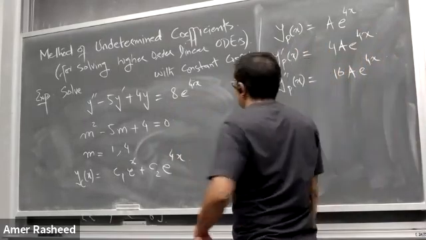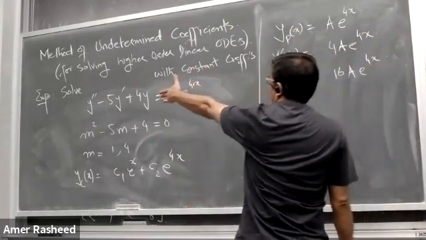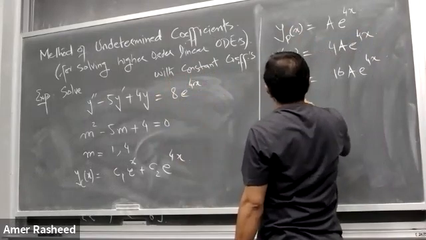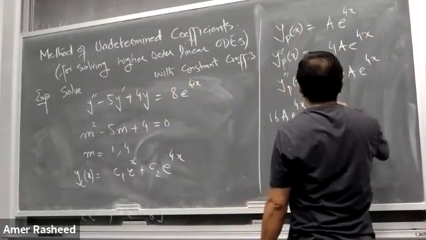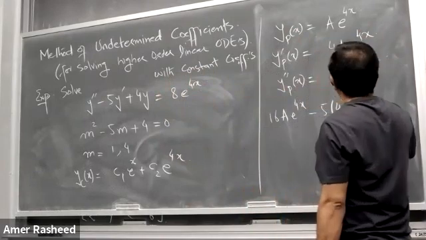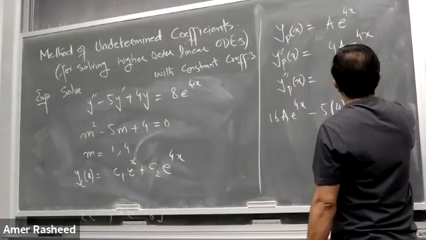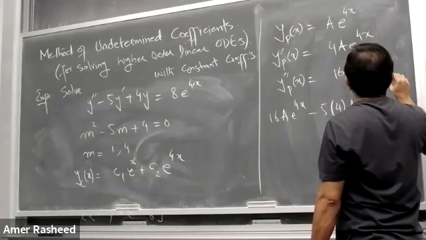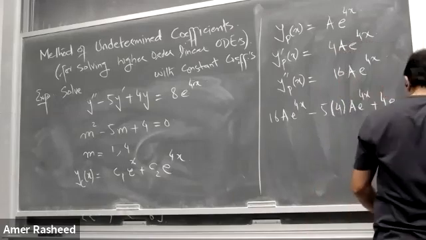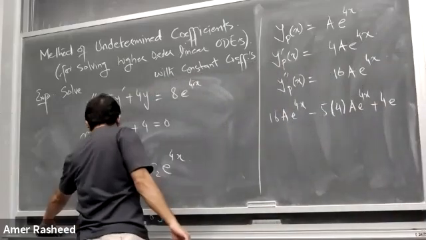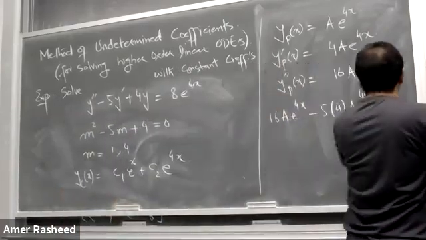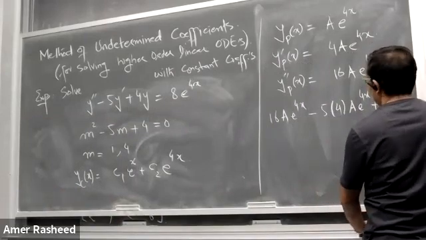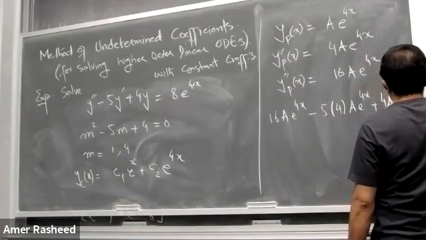Inserting all these three things in the equation, what do we get? 16a e raised power 4x minus 5 times 4a, that is 20a e raised power 4x, plus 4a e raised power 4x, equal to 8e raised power 4x.